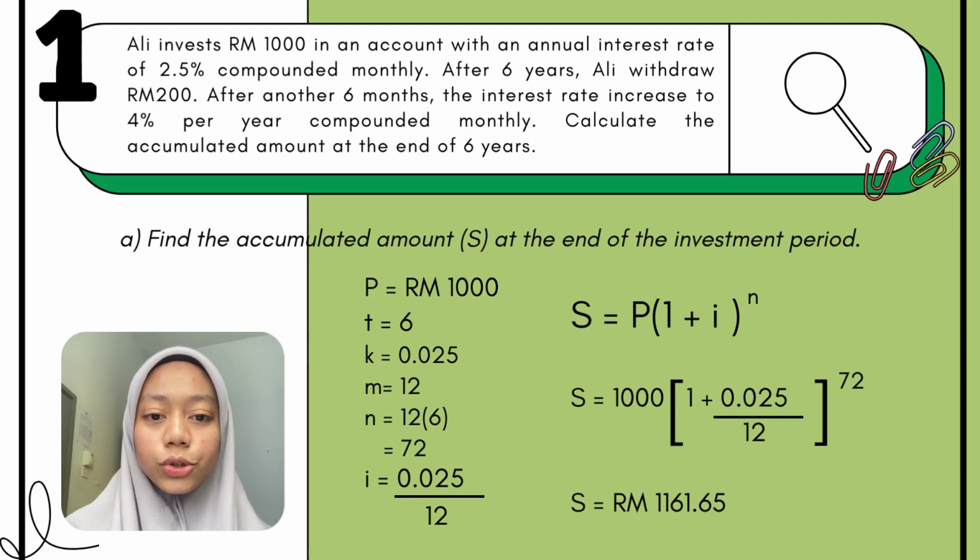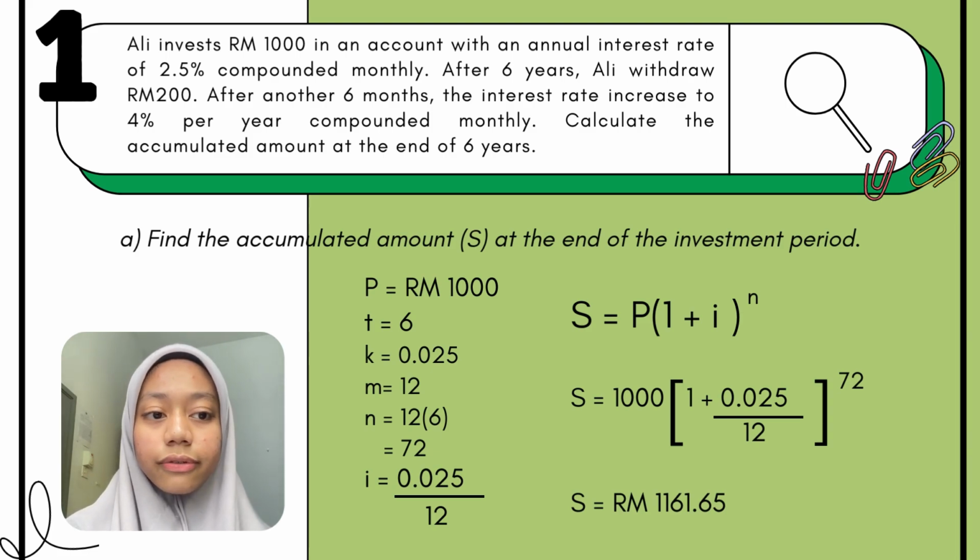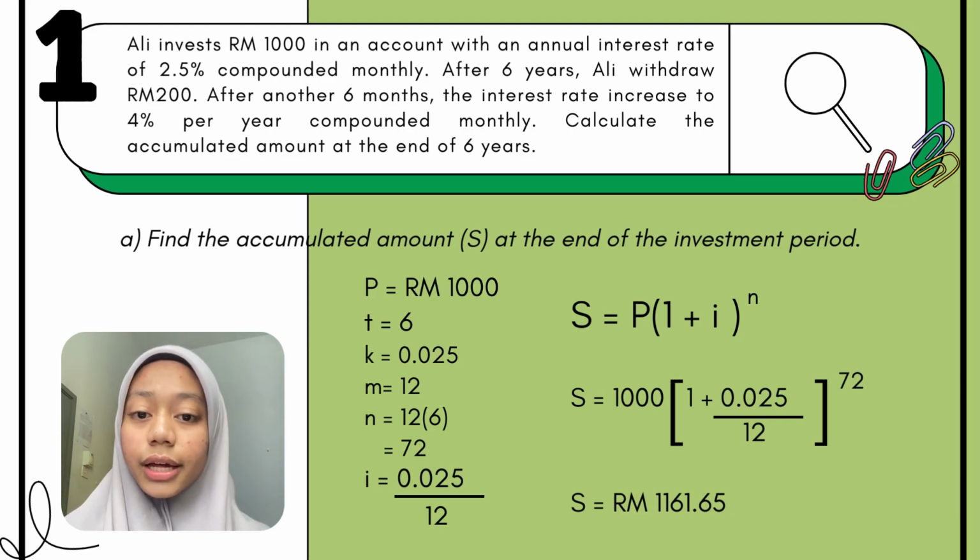I am going to use the formula S equals P bracket 1 plus i bracket power of n. S equals 1,000 bracket 1 plus 0.025 divided by 12 bracket power of 72. Thus, S equals 1,161 ringgit and 65 cents.